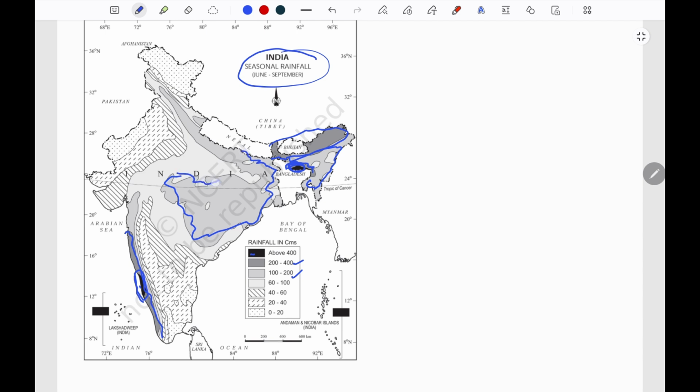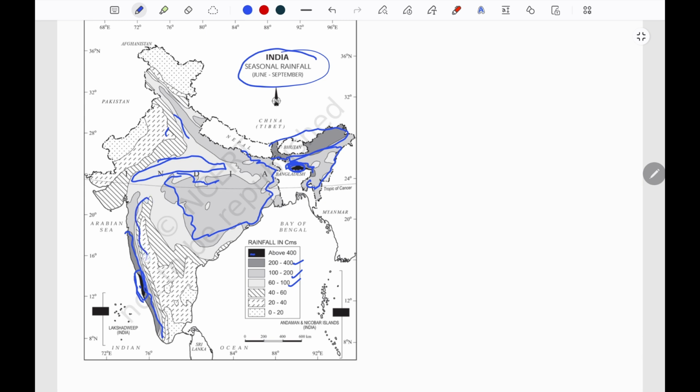Chhattisgarh Plateau, Jharkhand, Madhya Pradesh, UP, Bihar, and West Bengal regions, Uttarakhand also. And this 60 to 100 centimeter rainfall is received in the drier regions of MP, Chhattisgarh, Jharkhand, UP, Western UP, Haryana, Punjab. Thereafter, rainfall decreases from east to west direction generally.